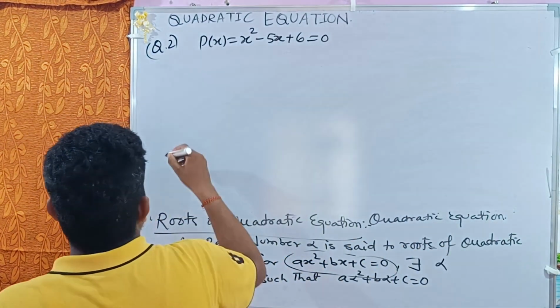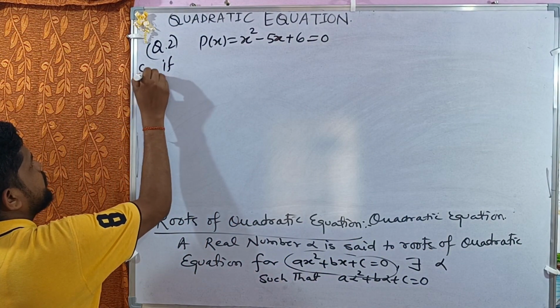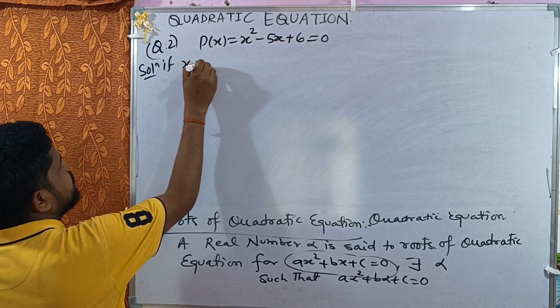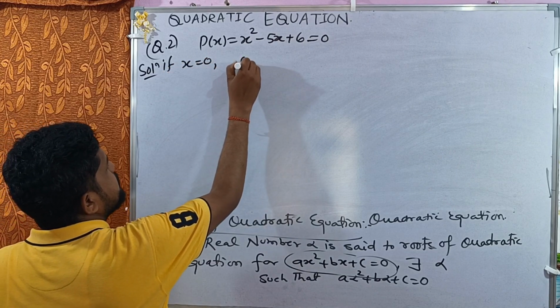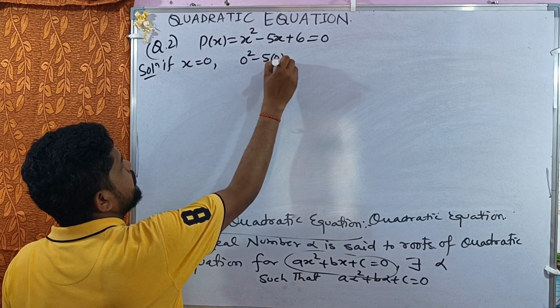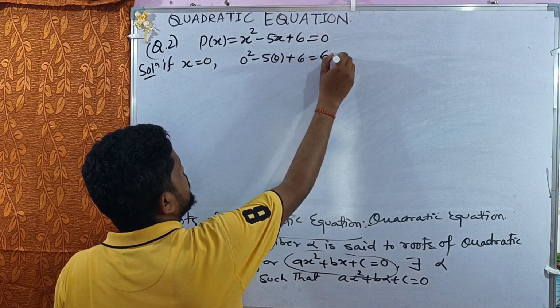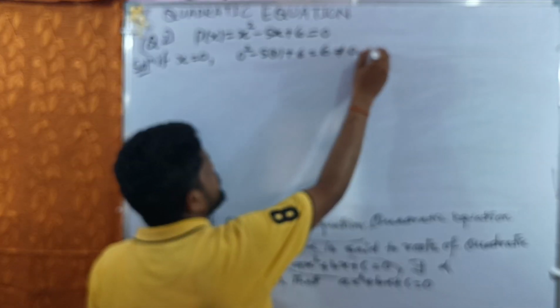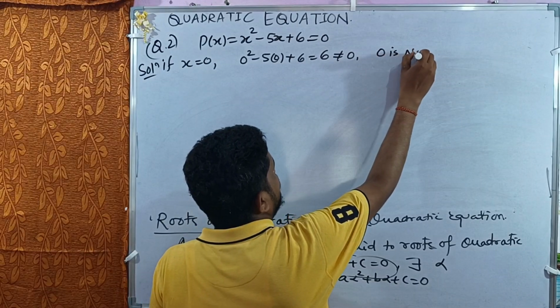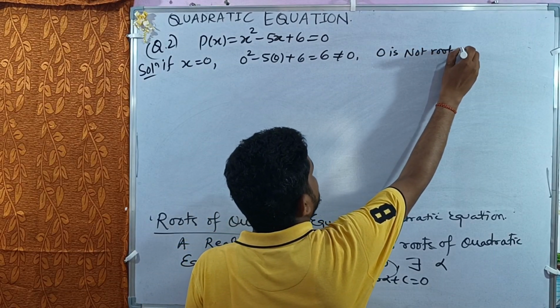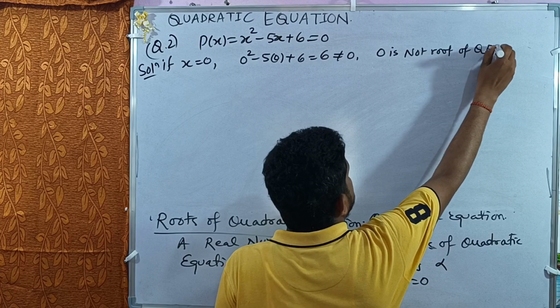So suppose if I put x equals 0, it will be 0 square minus 5 into 0 plus 6, which is just 6, which is not equal to 0. This shows that 0 is not a root of the quadratic equation.